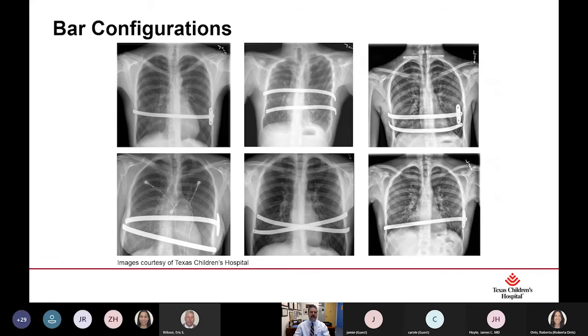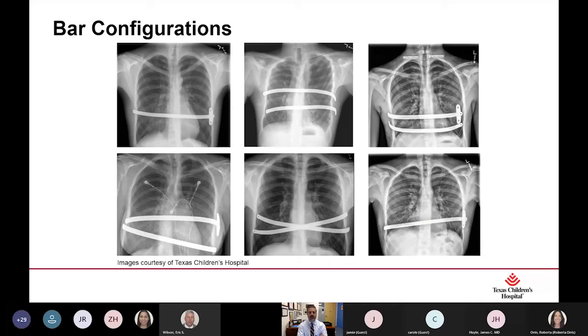Now, the bars can be configured in many ways. One bar is sort of the standard with the upper left here, one bar, one stabilizer, but not everyone's chest is identical to another. So you want to really custom fit the repair to the patient. So one bar in one person may correct only half of their pectus in another patient.